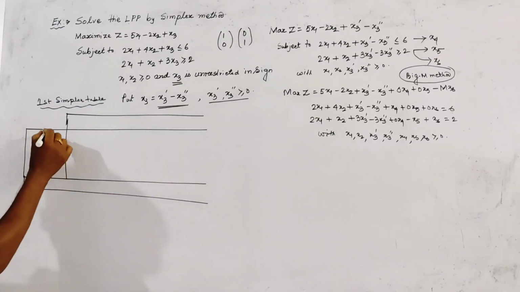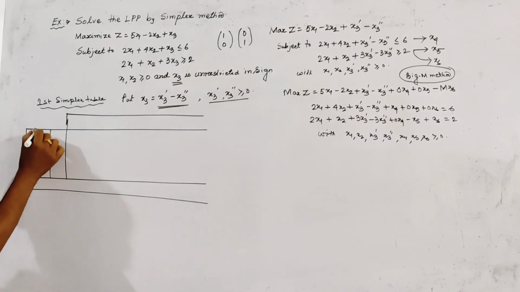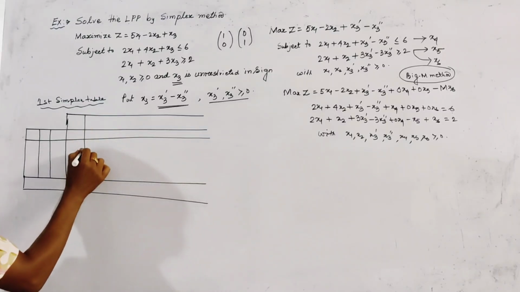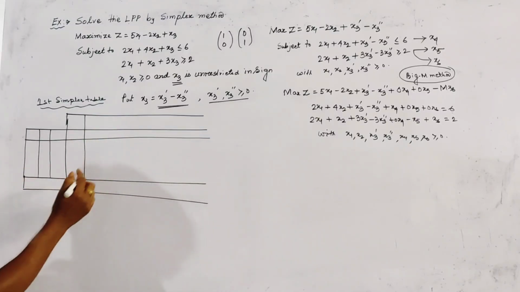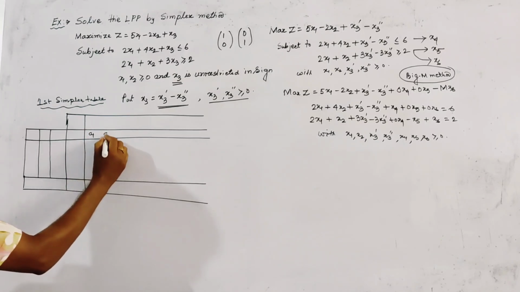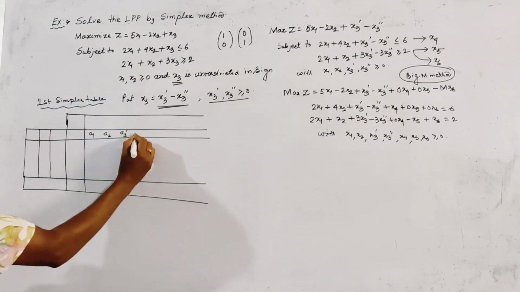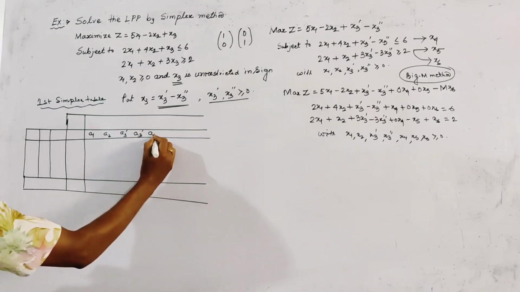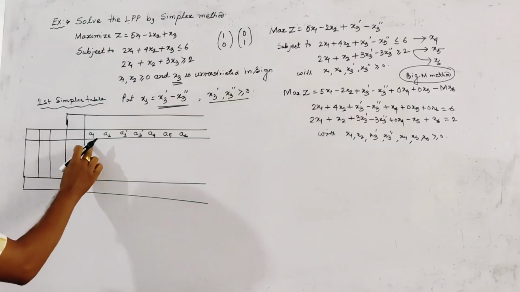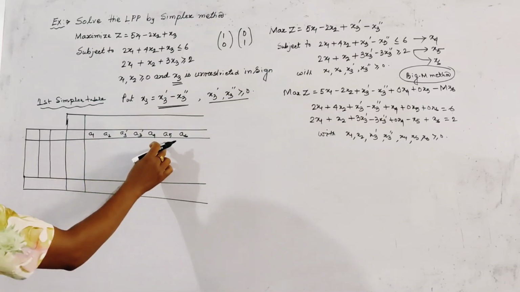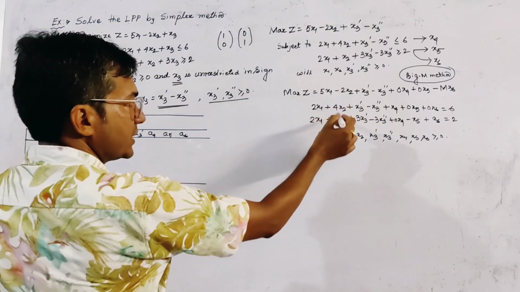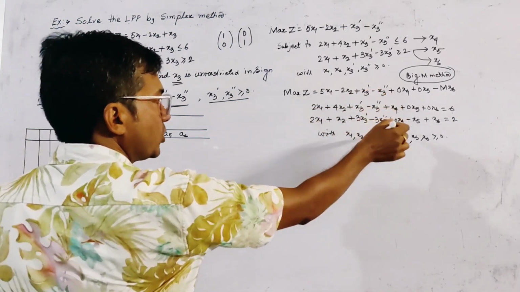Here we draw 3 columns, and there are the vectors a1, a2, a3 dash, a3 double dash, a4, a5, a6. What are a1, a2, a3, a4, a5, a6? These are the first column, second column, third column, fourth column, fifth column, and so on.